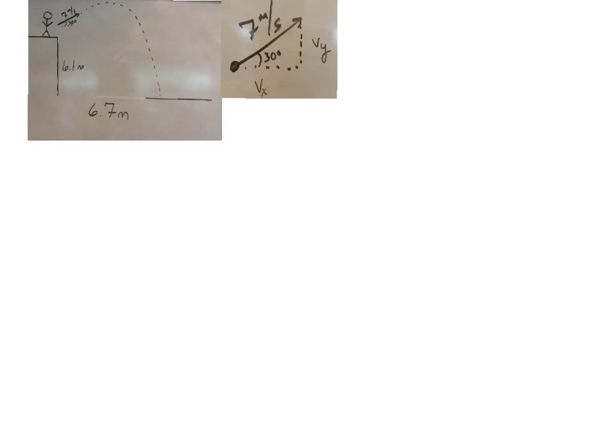We also said that he jumps at 7 meters per second. If he jumps at 30 degrees, that means he has an x component and a y component of that 7 meters per second. So I'll grab my calculator. The velocity in the x direction is adjacent to my angle, so Vx equals V times the cosine of theta.